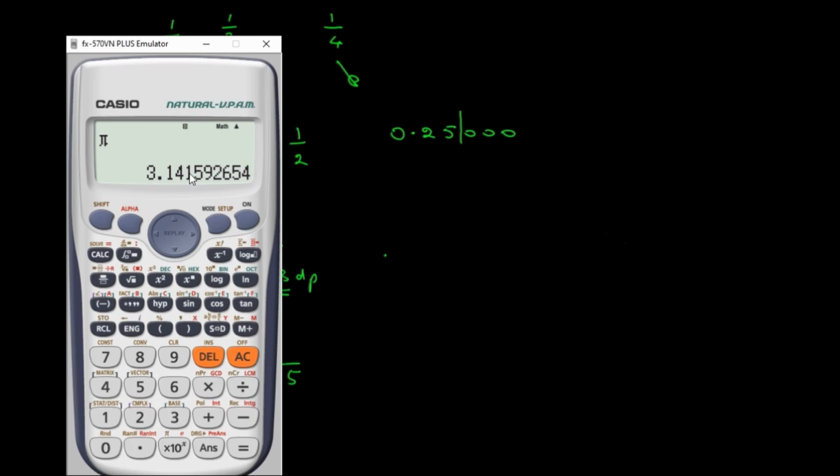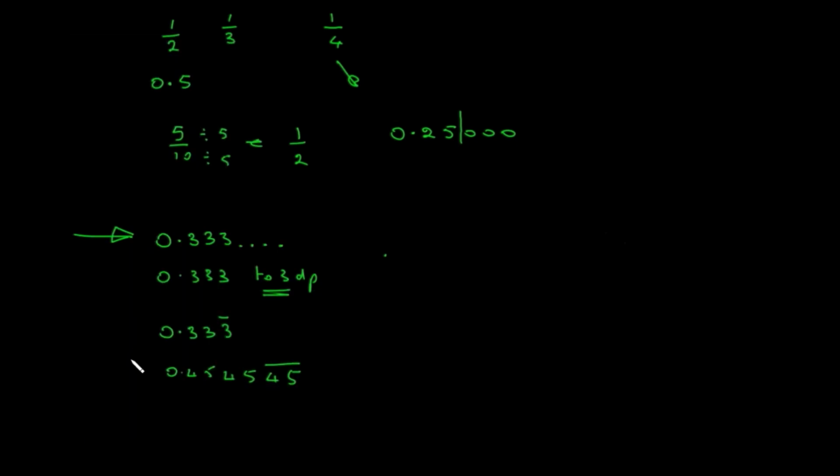Okay? It goes on forever and ever with no repeats. That is not a fraction. It's what they call an irrational number. It's got a proper name. Fractions are called rational numbers. Now that doesn't matter. Just remember that fractions either terminate or you get repeats forever and ever.